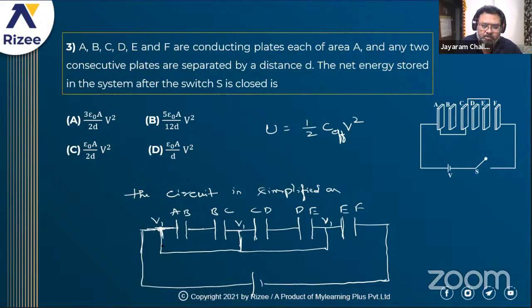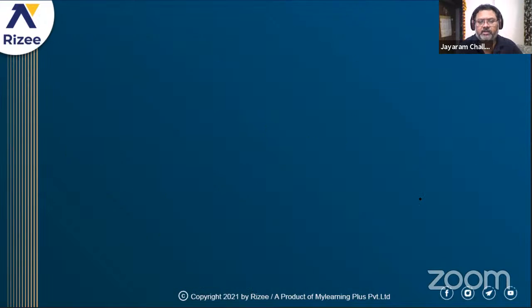So this is going to behave as a short circuit. The charge, whatever is there, is going to be directly flowing in this way. And finally, only one effective capacitance is going to be there. This is the only one that will be existing.